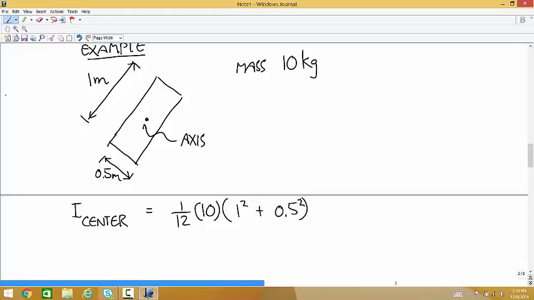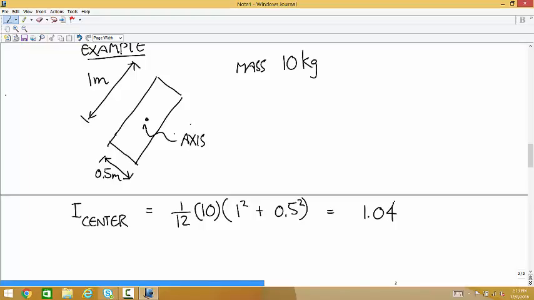And that is 1.25, 125 divided by 12. Can someone divide, what's that, 10.4? Oh, yeah, 1.04. Yep. So 1.04.